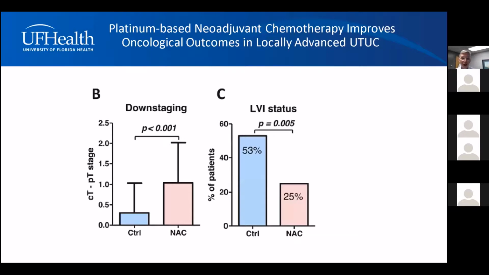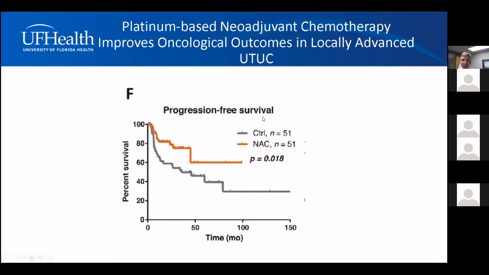And that's what these graphs show, that there is downstaging with the neoadjuvant therapy by lymphovascular invasion status. You can see that in this progression-free survival, the neoadjuvant group had improved survival over time out to 10 years.